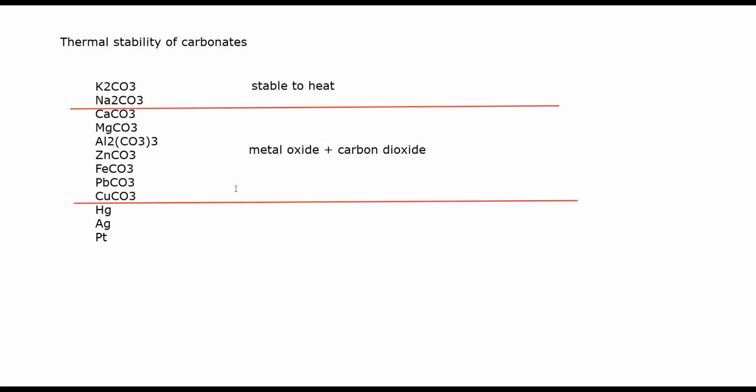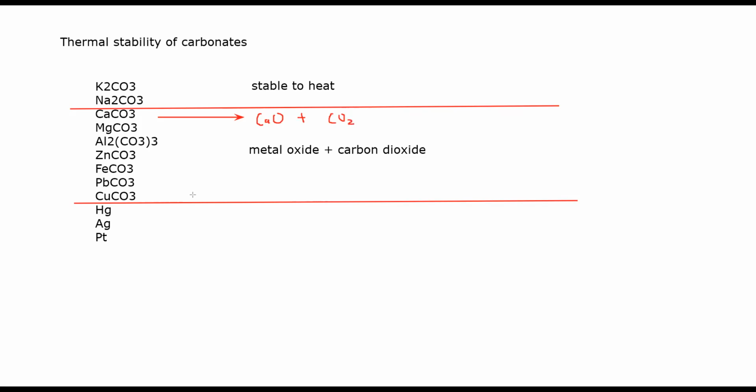So, for example, if we are decomposing calcium carbonate, as a result, it will be metal oxide, meaning calcium oxide, plus carbon dioxide.